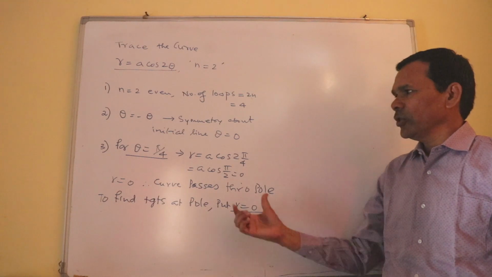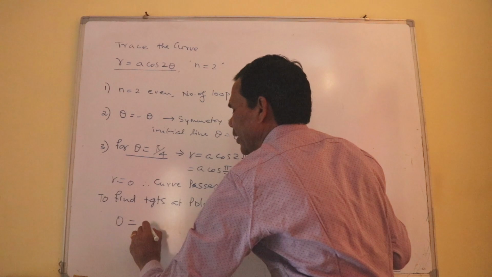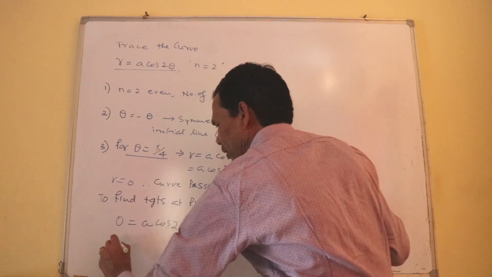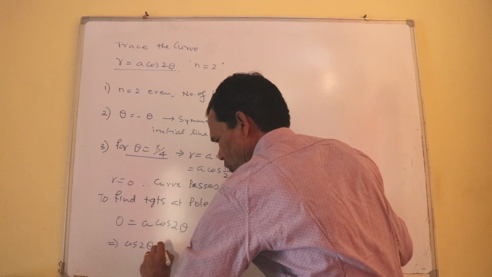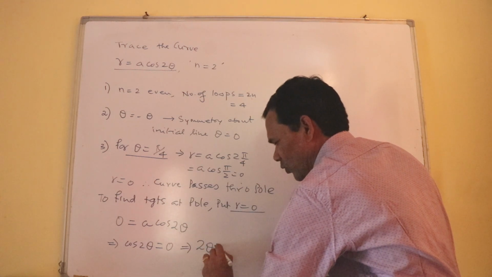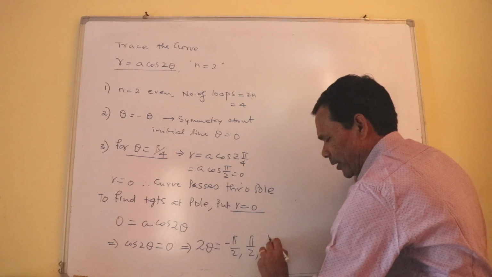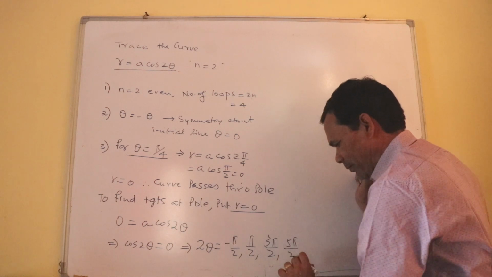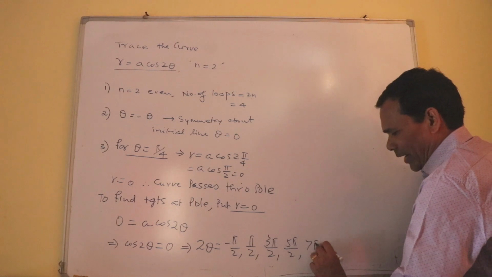So I put r is equal to 0 and get cos 2 times theta equal to 0, because a is not equal to 0. So naturally 2 theta is plus or minus pi by 2, 3 pi by 2, 5 pi by 2, 7 pi by 2, and so on.